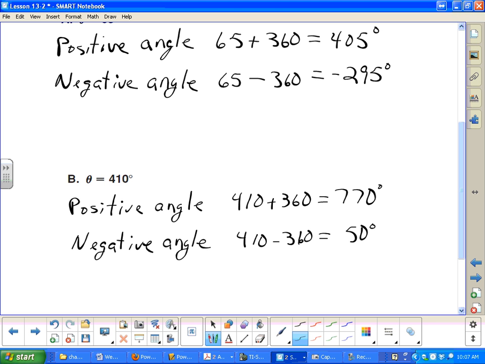To find my negative angle, I'm going to need to subtract 360 degrees again, because the 50 degrees obviously is not negative. So my answer here would be negative 310 degrees for my negative angle, and then I could use either 50 or 770 as my positive angle. Coterminal angles differ by 360 degrees or multiples of 360 degrees.